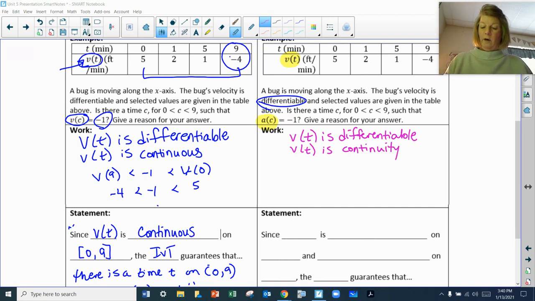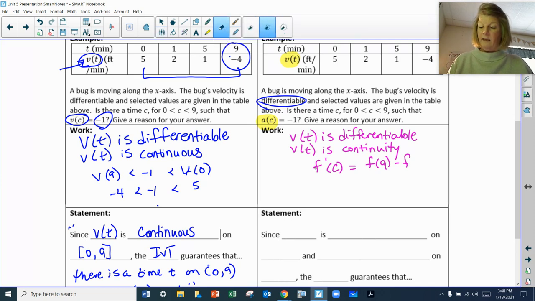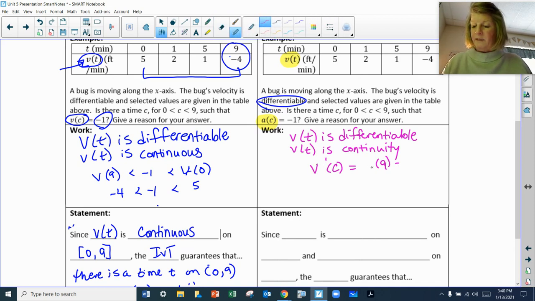And therefore, v prime of c equals v of 9 minus v of 0 over 9 minus 0. I'm going to make it obvious, 9 minus 0.